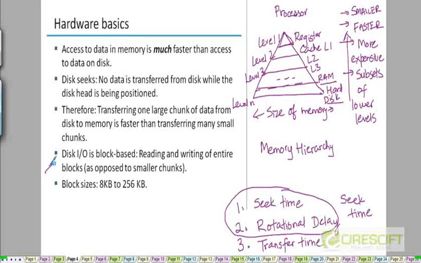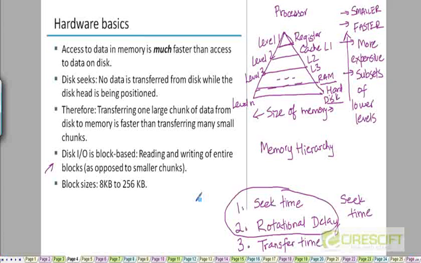The other thing to note about hardware here is that the transfer of data from disk happens in chunks called blocks. So we don't fetch just a few bytes from the disk, we actually fetch an entire block. And that's because, again, if you've done a course on operating systems, you probably know about locality of reference.